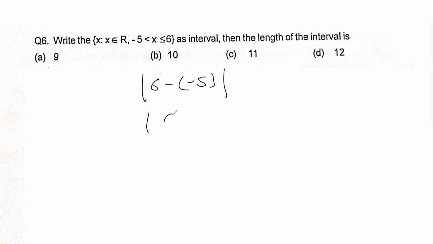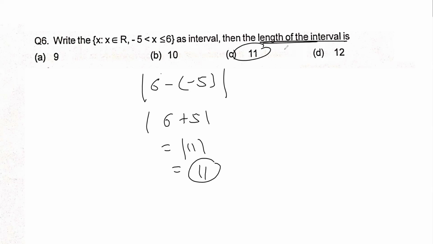So it's 6 plus 5, that is 11, and the absolute value or modulus of 11 is 11 only. So one more time, the length of the interval is the absolute value of the difference between the upper and the lower ends of the interval.